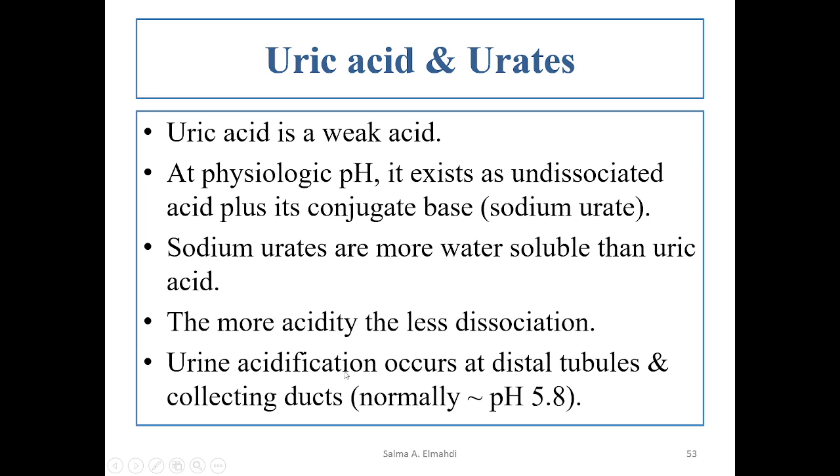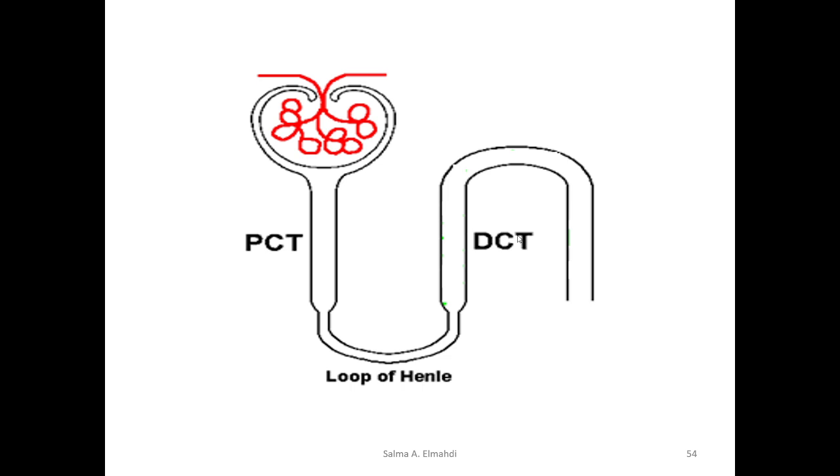In our system, urine acidification occurs at the distal tubules and collecting ducts. So here, there is more acidity and less dissociation. It will be more likely to be present as uric acid, while here it will be more likely to be present as urate.